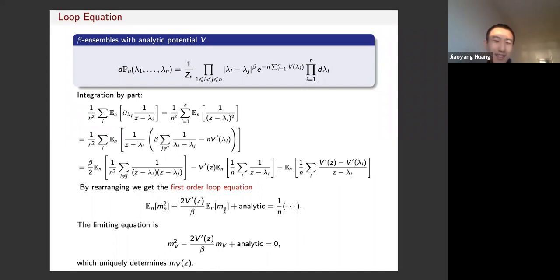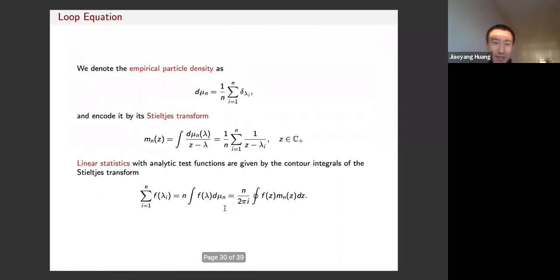In the limit, you get the limit equation: the expectation of m_n converges to m_V. Then you get m_V squared, subtract 2 times V' over beta times m_V, plus something analytic, equals 0. The Stieltjes transform looks something like this: at infinity it behaves like 1 over z, and it only has singularities on the real axis.